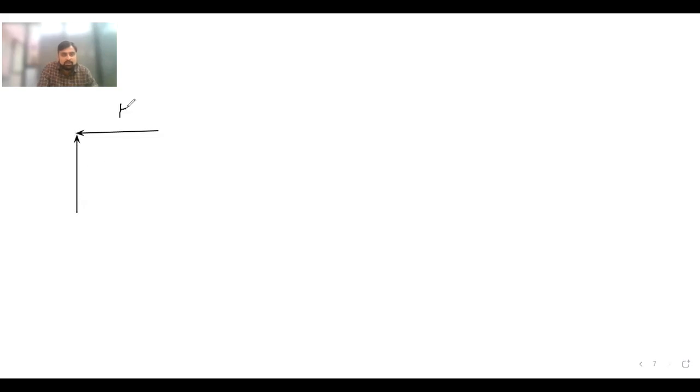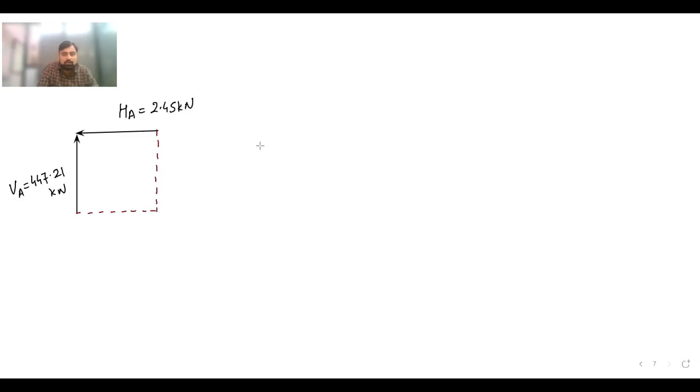HA is 2.45 kilonewton. VA is 447.21 kilonewton. Now I will complete the parallelogram. This is the parallelogram which I am going to complete, and the diagonal of the parallelogram will give me the resultant.